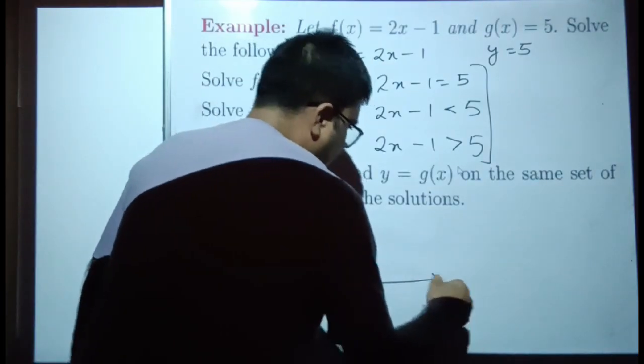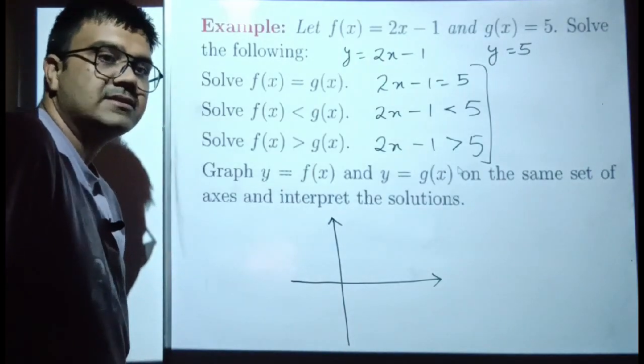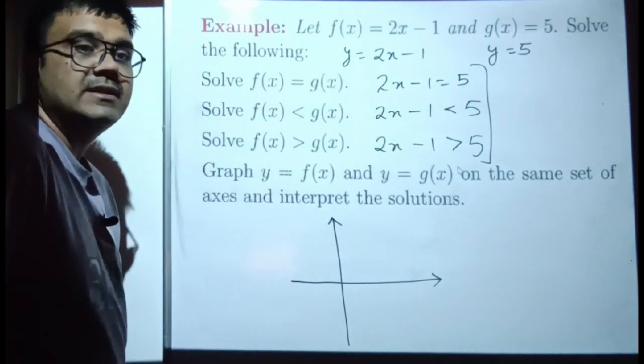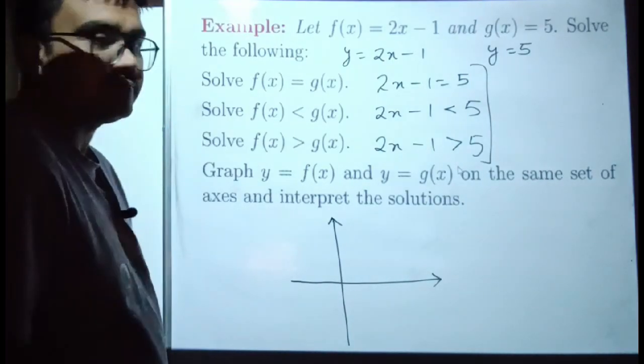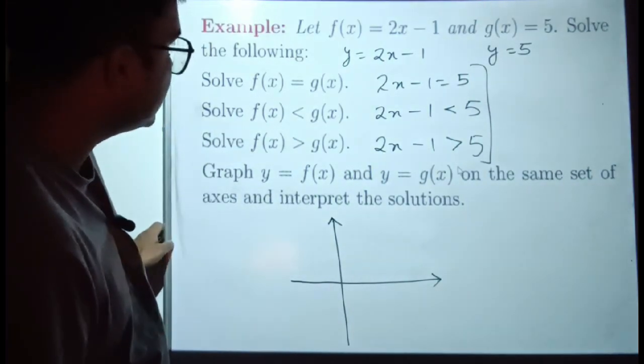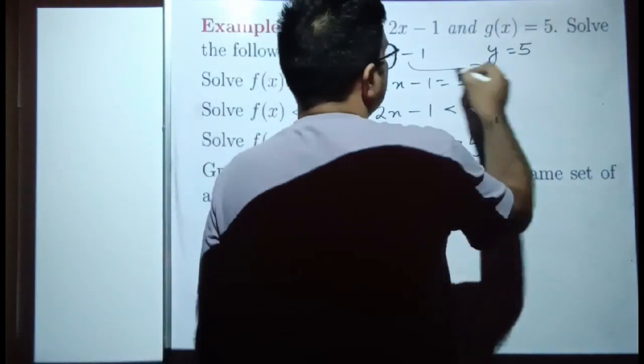These are the lines. To plot the line y equal to 2x minus 1, we will substitute different values.